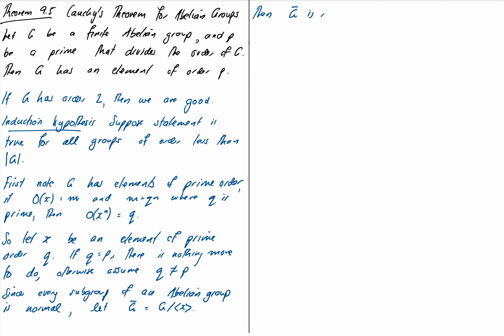G bar is abelian, and also we know that P divides the order of G bar, since the order of G bar is equal to the order of G divided by Q. Okay, so just note the order of G. We know that P is a factor of it, we know that Q is a factor of it, and we know there's something else.